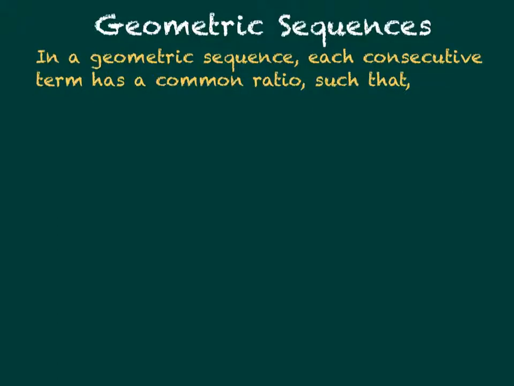Geometric sequence. In a geometric sequence, each consecutive term has a common ratio, which we call r, and it equals your second term a sub 2 over your first term a sub 1, or your third term a sub 3 over your second term a sub 2, or your fourth term a sub 4 over a sub 3, and you can kind of see how this is going to work out.